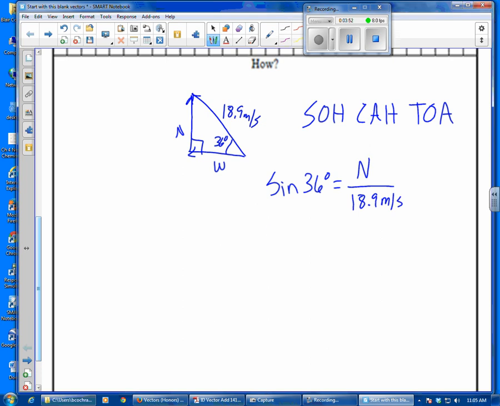Rearrange that, 18.9 meters per second, sine 36 degrees equals N. Am I going too fast for anybody? Okay. I'll take a drink of my coffee then.